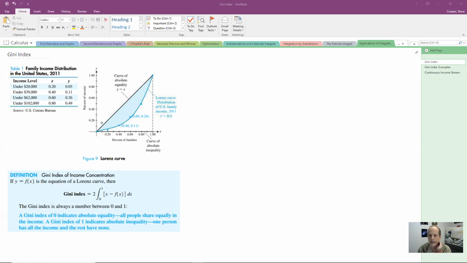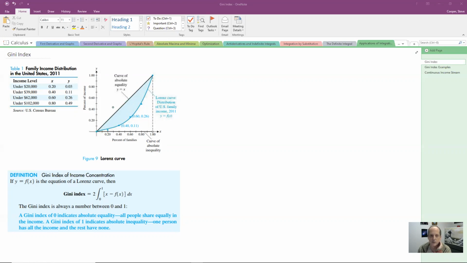And since our x-axis represents the percent of families, and the y-axis is a corresponding percent of income distributed, if I get to 20% of the families, then in a perfect world, I would have used up 20% of the income. So a perfectly distributed income would fall right on this line.